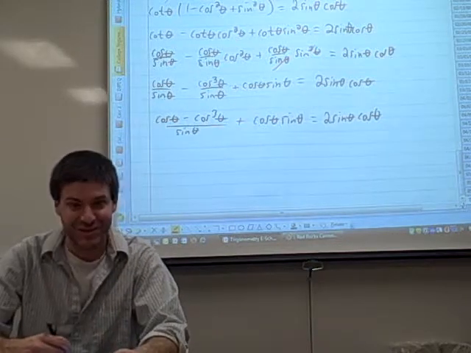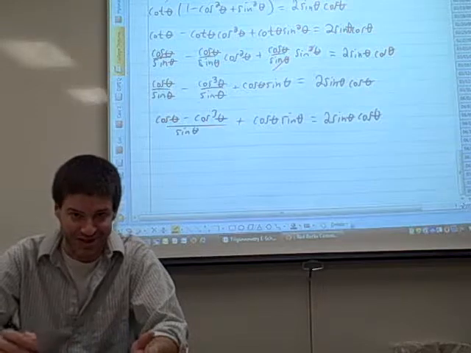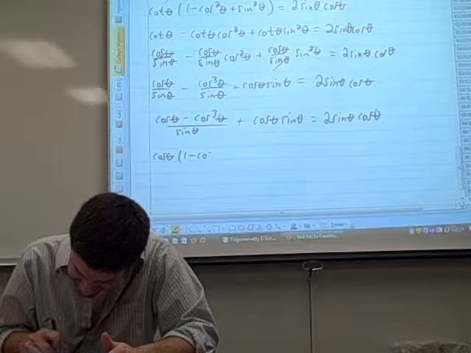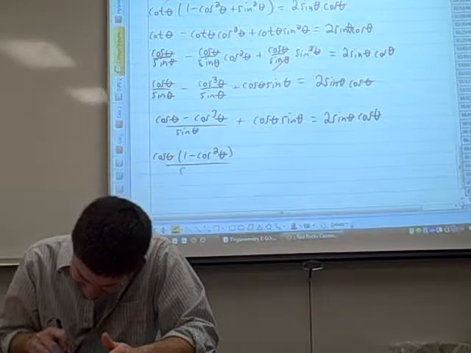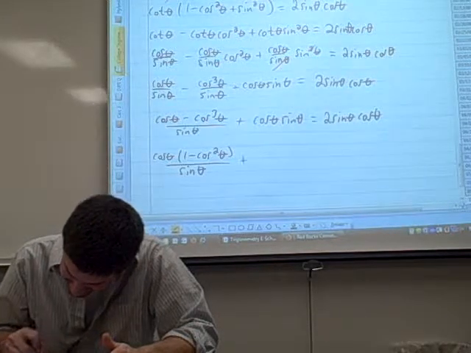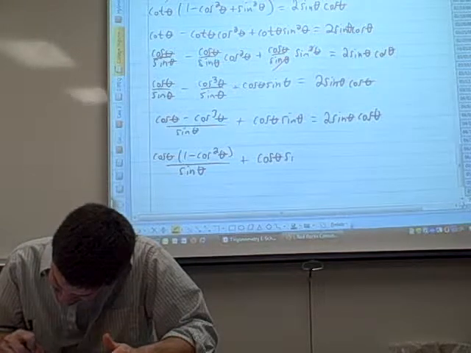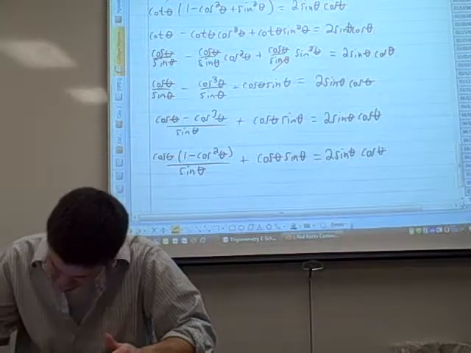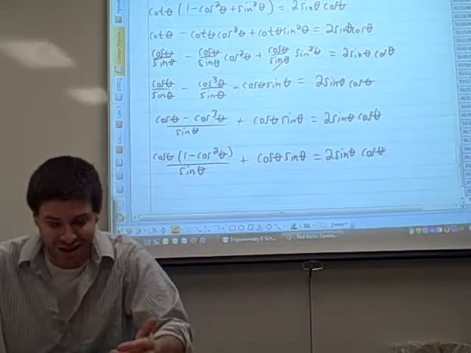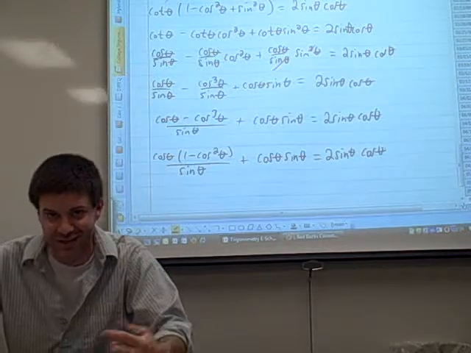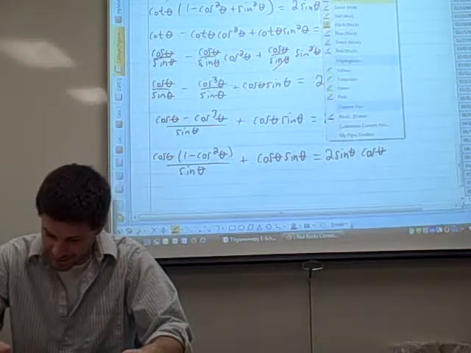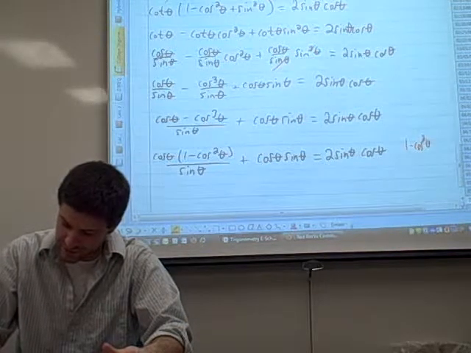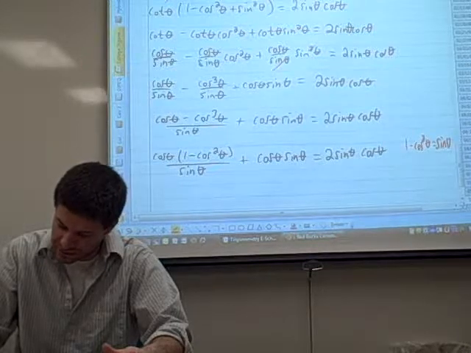I notice that there's a cosine in both terms in the numerator here, so I'm going to factor one out. And now you'll see that what's in parentheses there on the left-hand side is actually a trig identity. You know from your fundamental trig identity that 1 minus cosine squared equals sine squared.